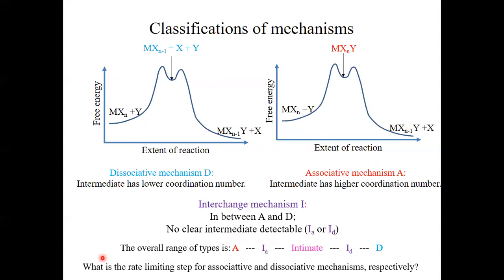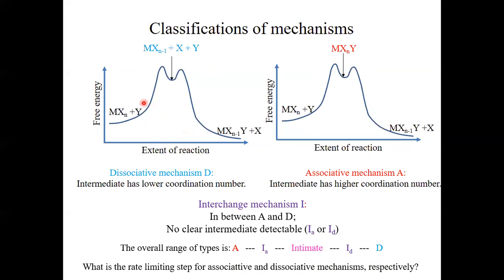Okay, so now how can we distinguish between a more associative and a more dissociative mechanism? We can do this by first thinking about what is the rate limiting step for the associative and the dissociative mechanism respectively.